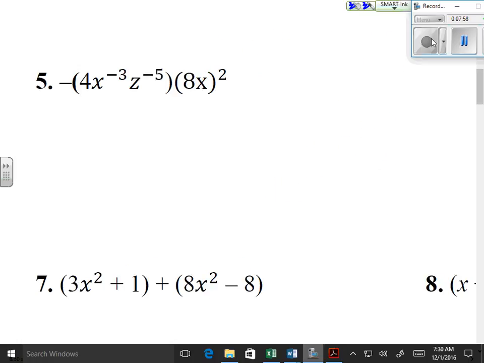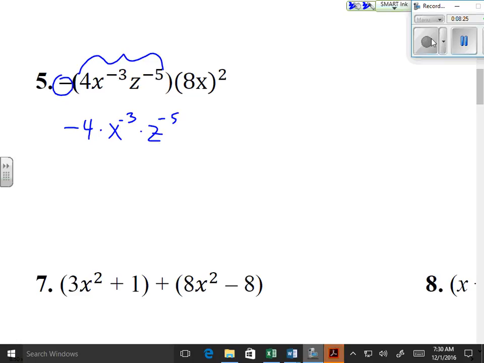All right, so on number 5, we actually have a negative sign out front, but since there's only one term inside, all that's really going to do is multiply negative 1 times that. So it'd just be negative 4 times x to the negative 3rd times z to the negative 5th. You don't want to put a negative on each one of those because they're not separate terms. They're just separate factors.